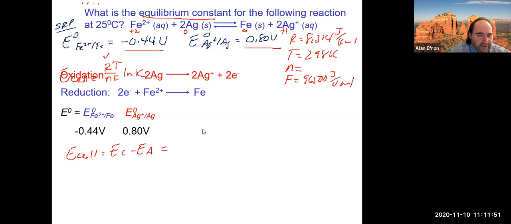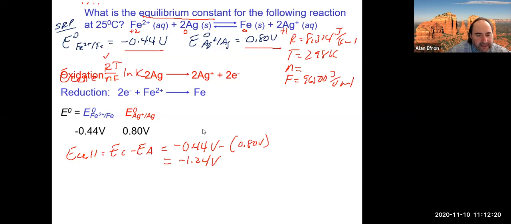Since our cathode is the iron, it would be minus 0.44 volts minus our silver, which is 0.8, giving us an E of the cell of minus 1.24 volts in that particular case. So again, important: if they give you the overall reaction, you need to look and see what's happening there.